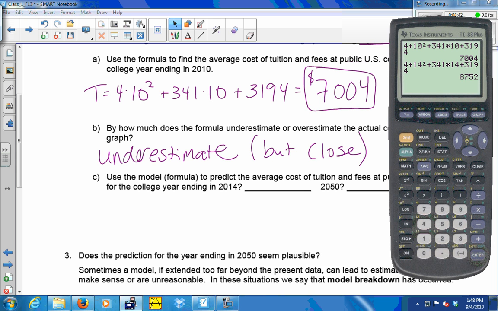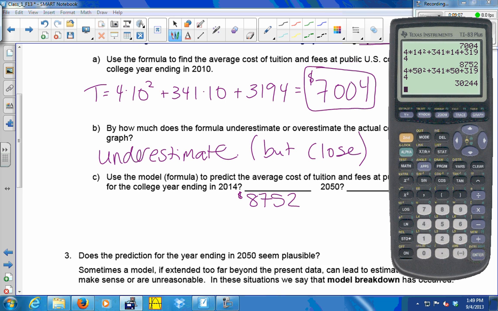And I get 8,752. And for 2050, I want to plug in 50s for my x's. 50. $30,244.